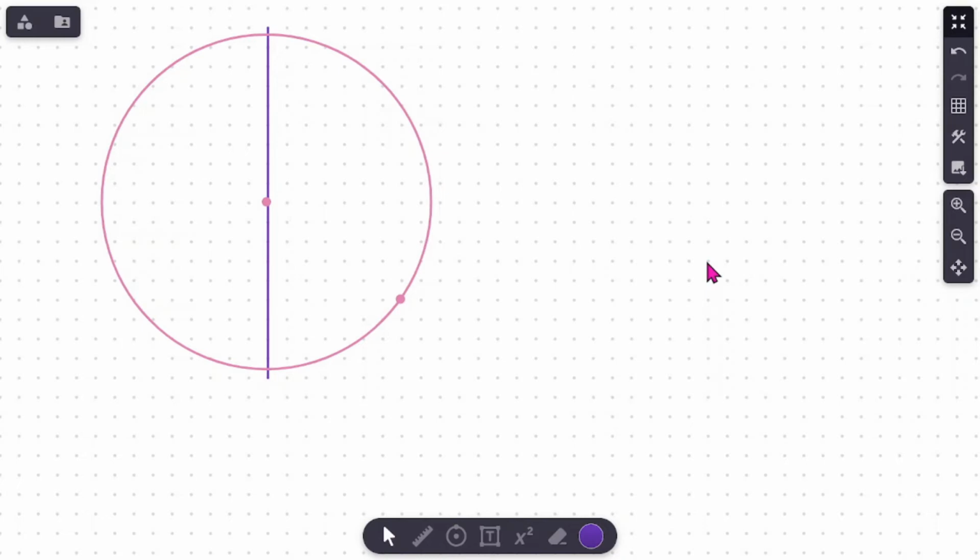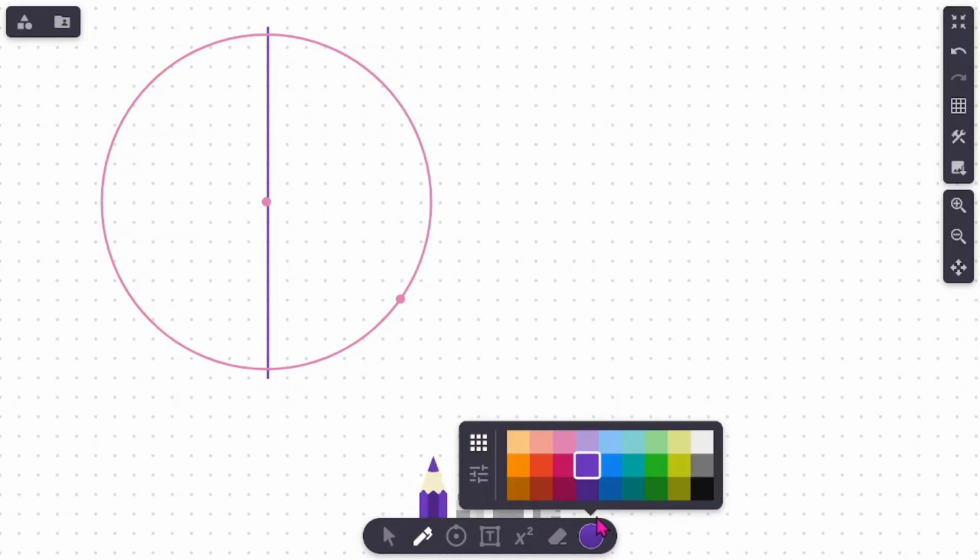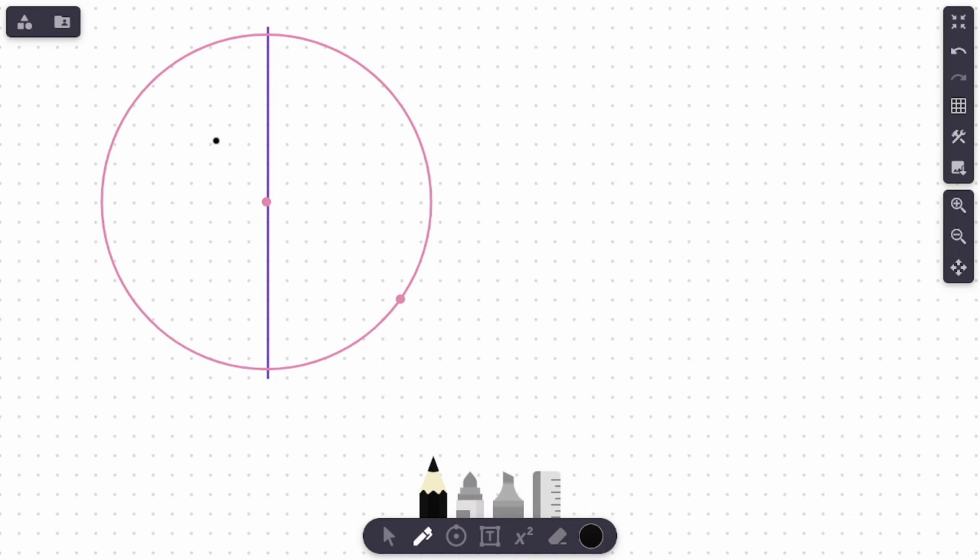Take a look at it. How many sections do you see? I see one section, two sections. All right, I have broken this into two equal sections. They're the same size.